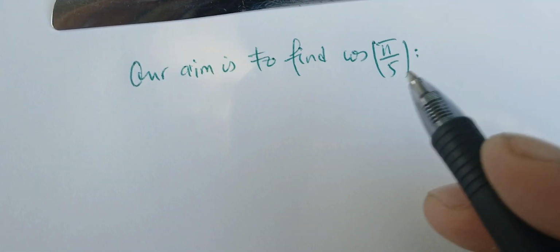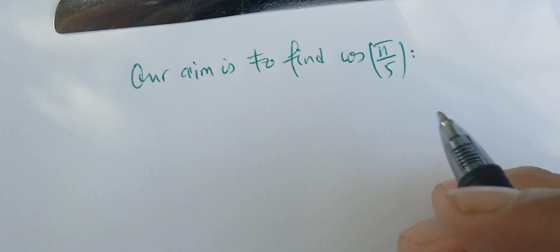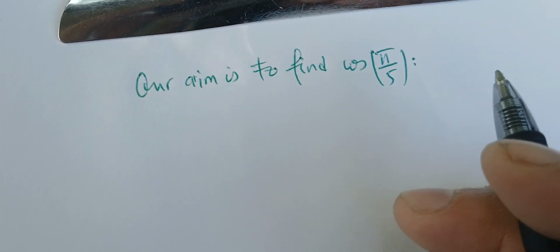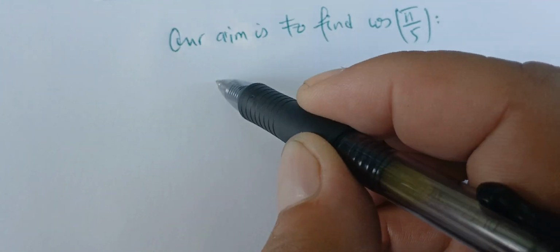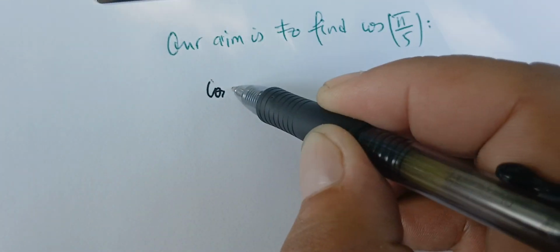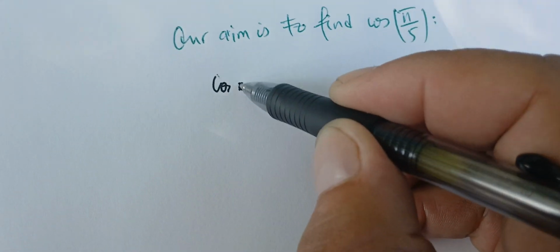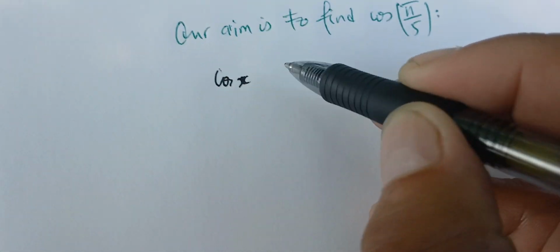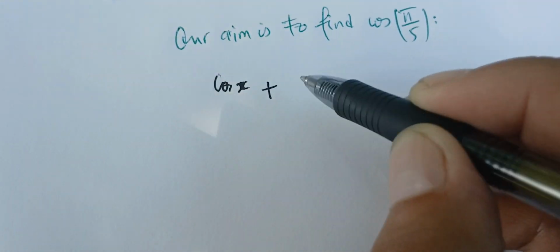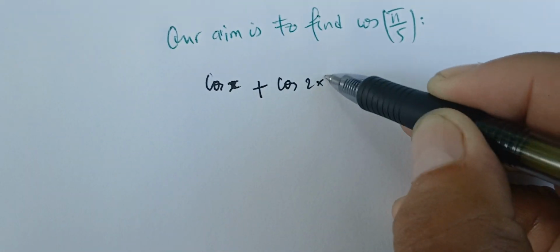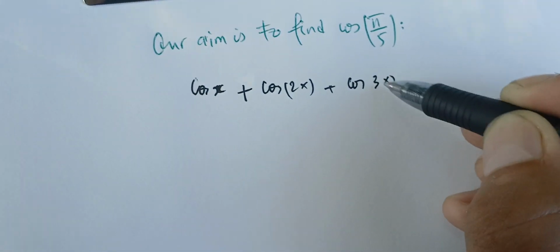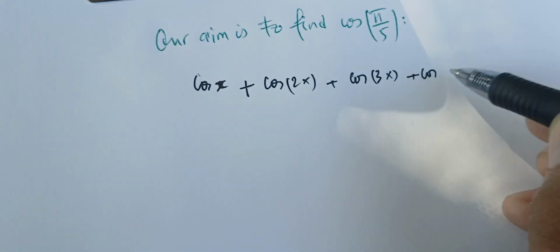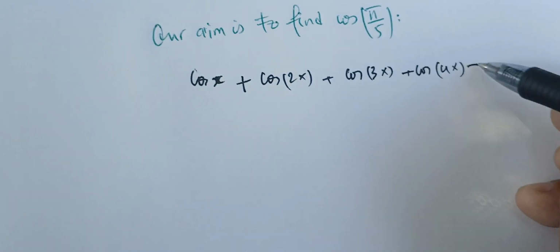So the aim of this series of videos is to find the cosine of pi over 5. We have shown that pi over 5 is a solution of this equation: cosine of x plus cosine of 2x plus cosine of 3x plus cosine of 4x.